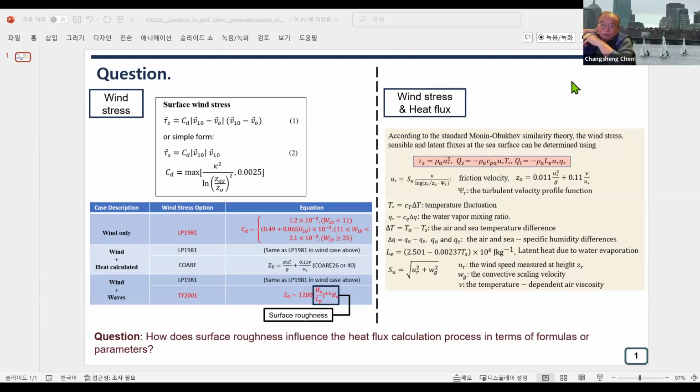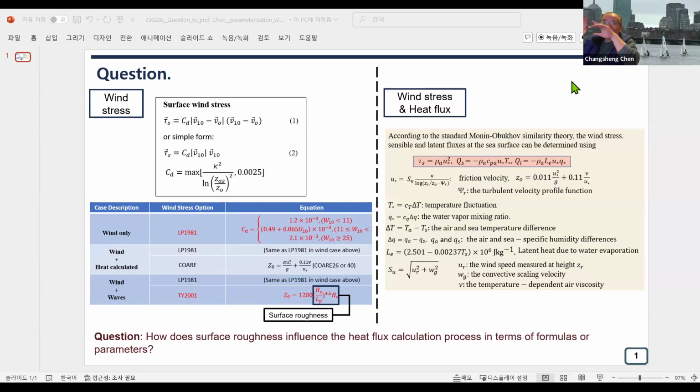But the problem is that U star just depends on the friction velocity, and how you include the wave into the similarity theory is a challenge. This is all based on the similarity boundary condition, but you need to put in a wave, which is why the surface boundary condition changes. So how to update that is really challenging, and whether this can really improve the solution, we don't know.